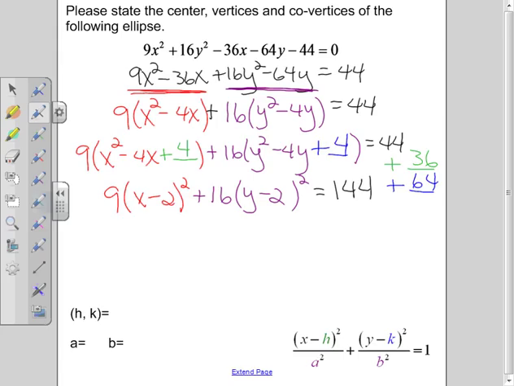Okay? Now, it's starting to look a little bit more like this, except you notice I don't have any denominator, and it's not equal to 1. It's equal to 144, this equation.